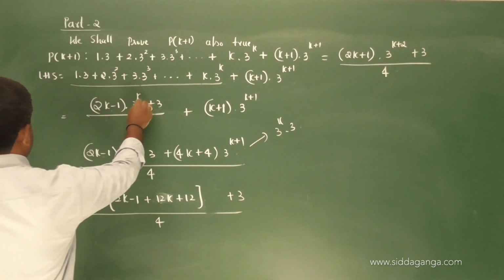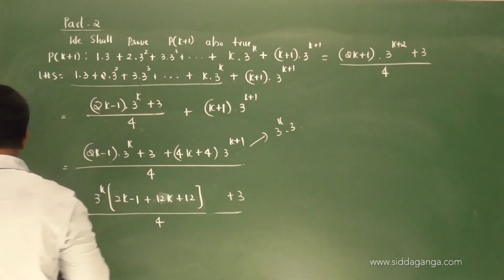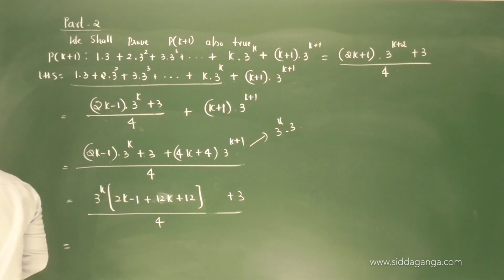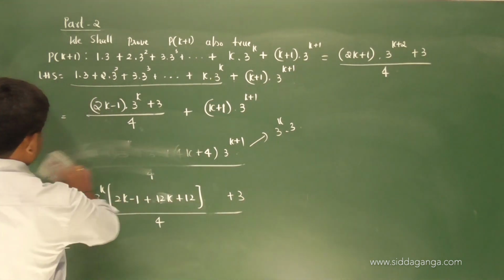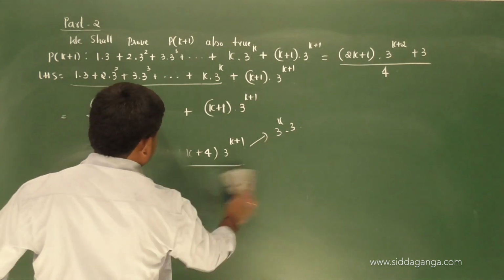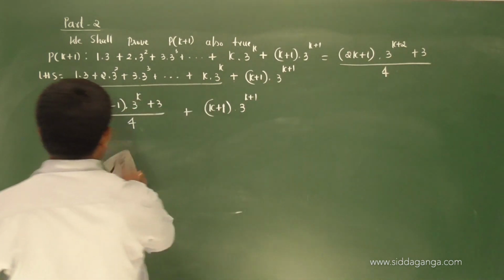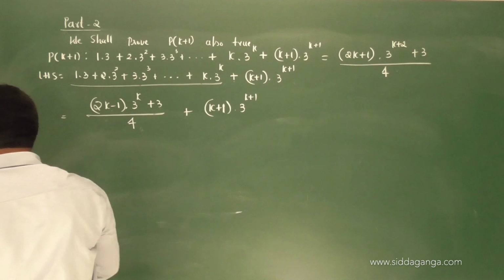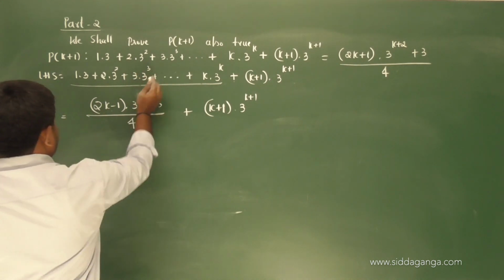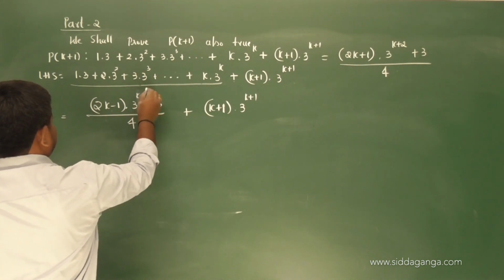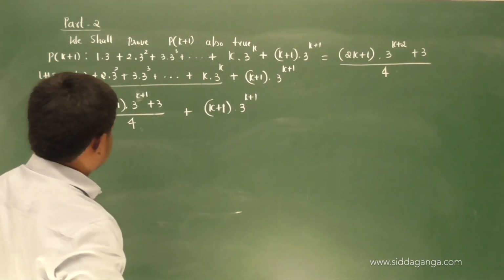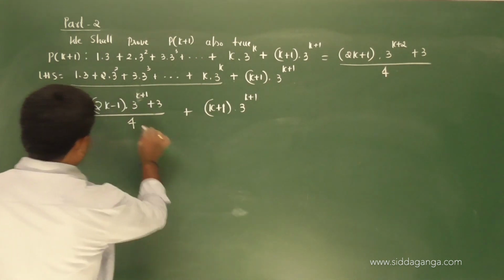Okay, here this should be k plus 1, sorry. Right, k plus 1. This actually from the given statement, this is k plus 1 from equation 1, right? From equation 1, this is 3 power of k plus 1.